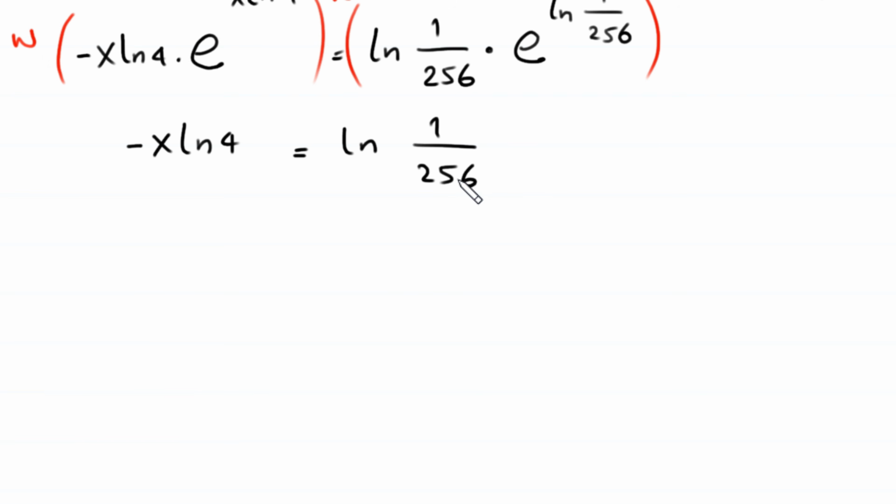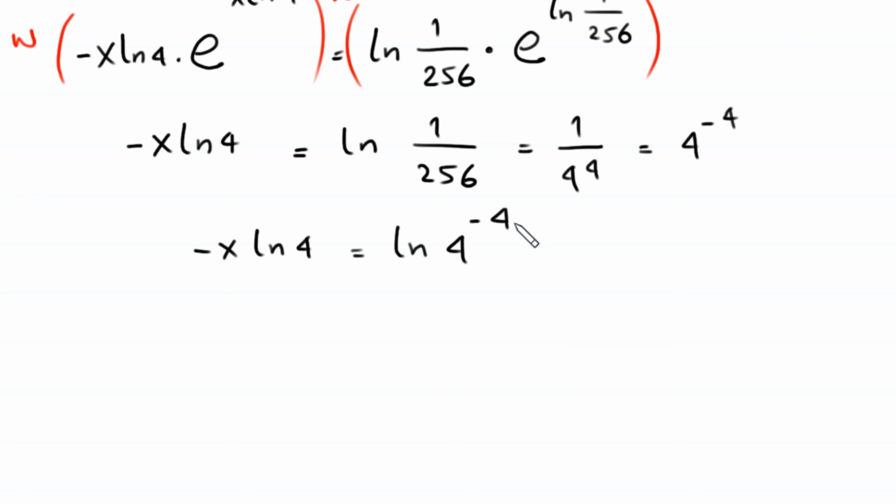Now this 1 over 256 is same as 1 over 4 to the power 4, and this is equal to 4 to the power negative 4. So this will become negative x times ln of 4 equal to ln of 4 to the power negative 4.